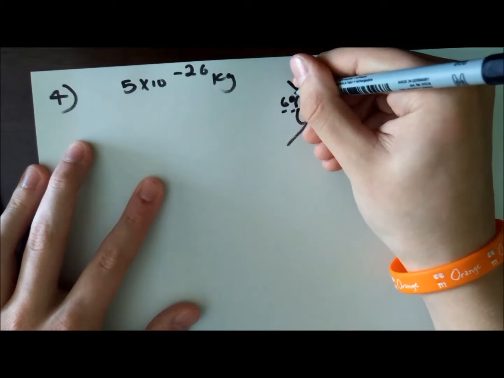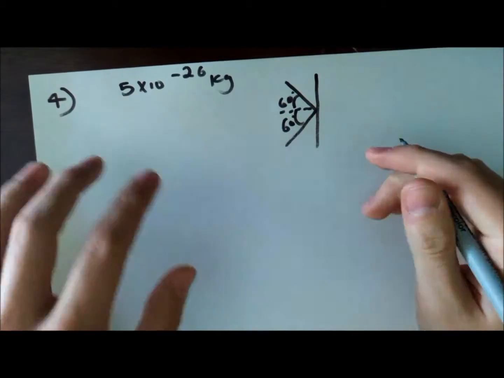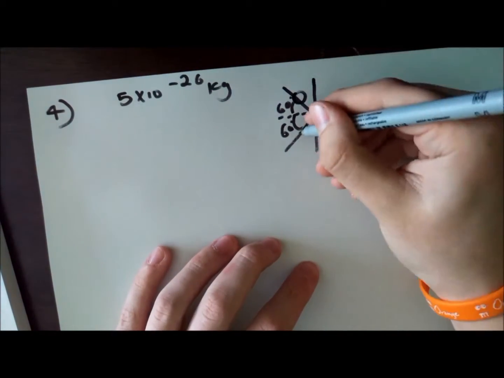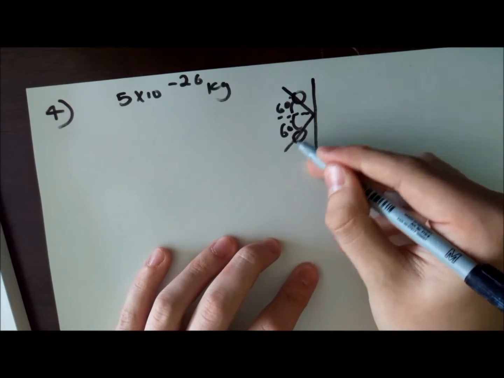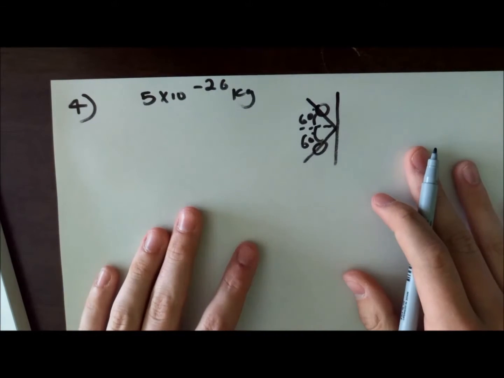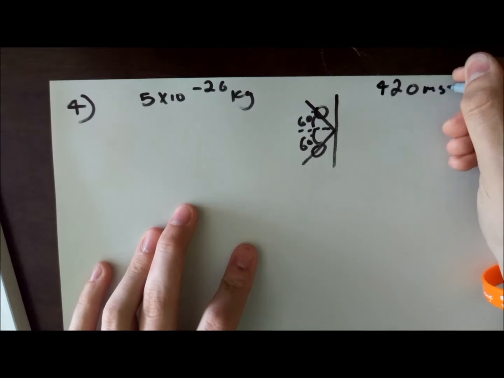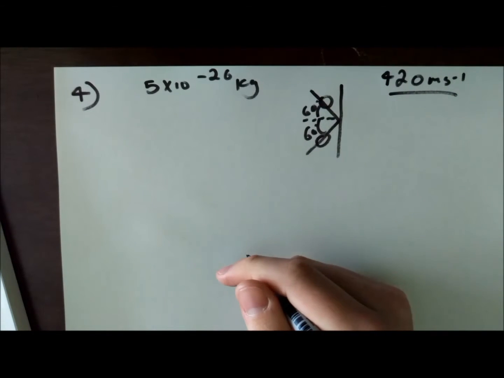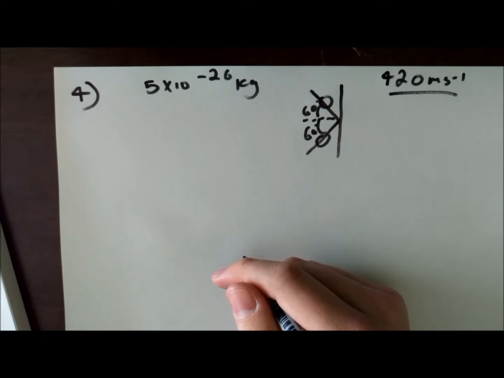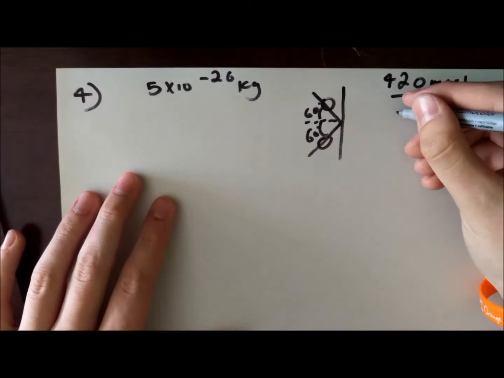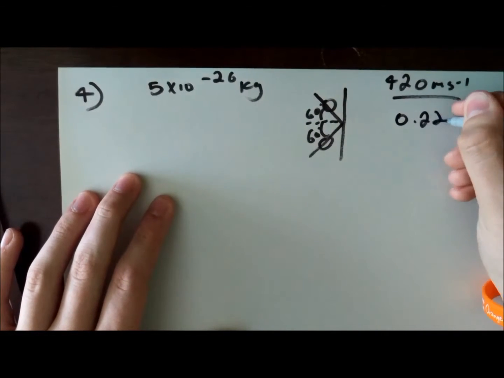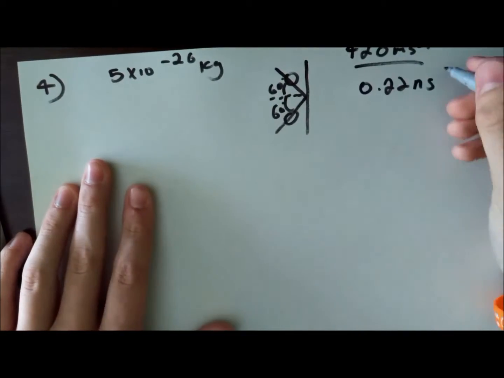This is 60 degrees. Now, particle hits there, rebounds. It's going to keep the same speed again, so 420 meters per second. And is the collision time the same? Yep. And the collision time is the same. So 0.22 nanoseconds.